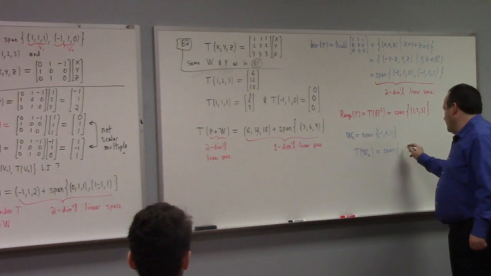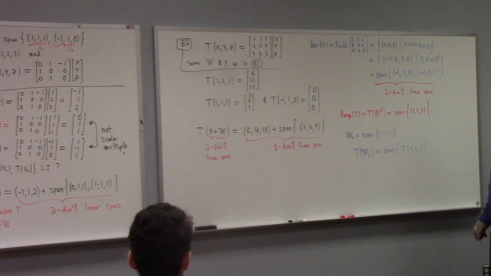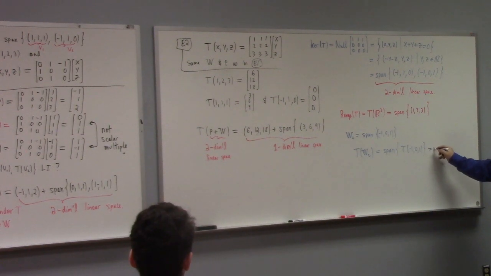It's the span of T of minus 1, 0, 1. But T of minus 1, 0, 1 is nothing more than 0, right? And that would be just the 0 space, just the origin.